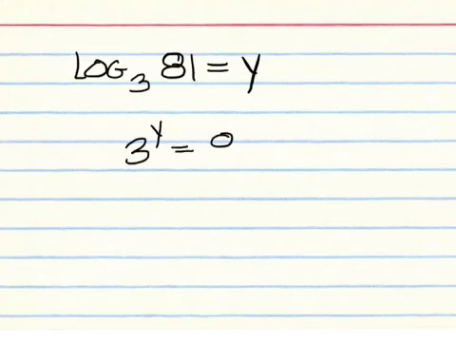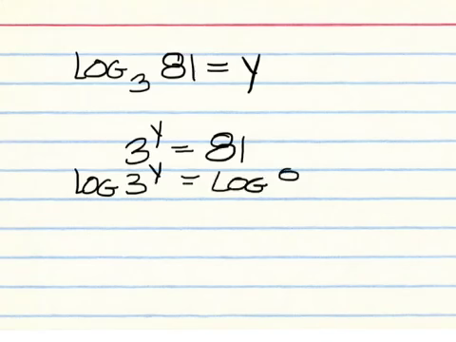Another example, and this one is log base 3 of 81 equals y. If you write it in exponential form, it's 3 to the y power equals 81. Your next step is to take a log of both sides, and then by rule you can move that exponent of y to the left of the log and make it a coefficient, essentially.